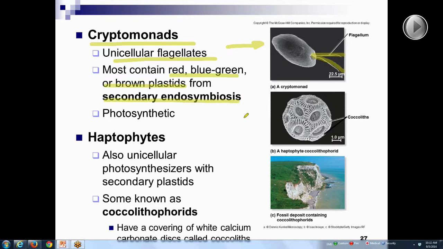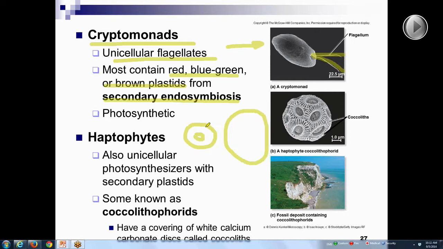So they have plastids that are derived from secondary endosymbiosis, which is unlike the red and green algae, which have plastids derived from primary endosymbiosis. So what in the world is secondary endosymbiosis? That would be where you have a cell that has a primary plastid inside, and then that cell with its primary plastid is engulfed by an even larger cell.